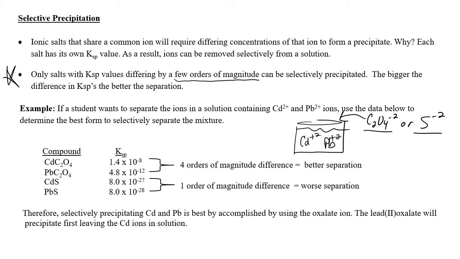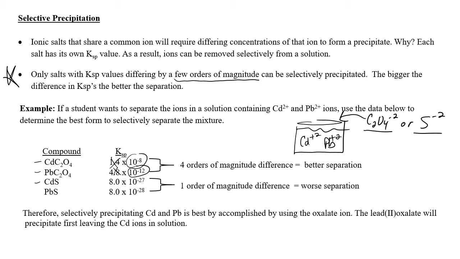So let's focus here on these two, the cadmium oxalate and the lead oxalate. Notice the KSP values. Just look here, 10 to the minus 8th versus 10 to the minus 12th. That's 4 orders of magnitude difference.